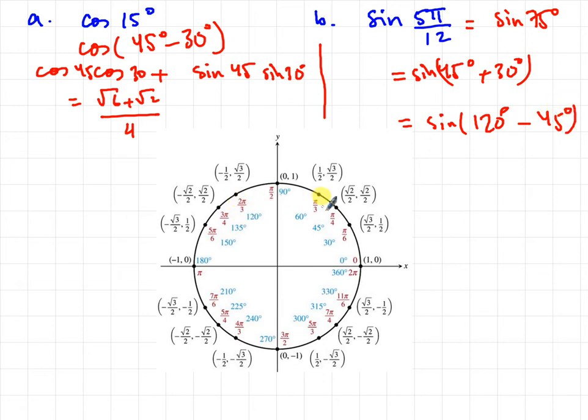But here I have sine A minus B, here I have sine A plus B. So you can choose any one. Okay, and the final answer would be radical 6 plus radical 2 over 4. The same answer as this, because 15 and 75 are complementary angles.